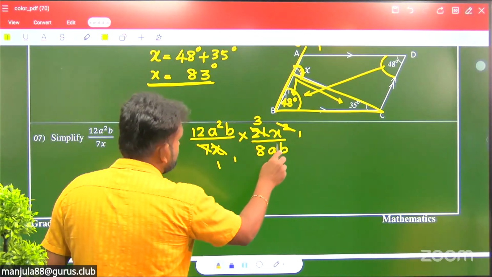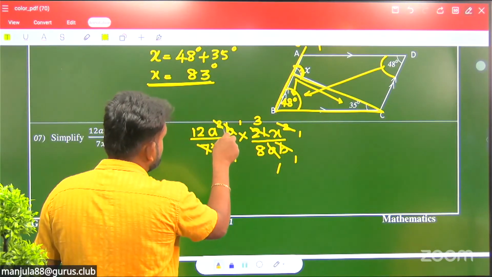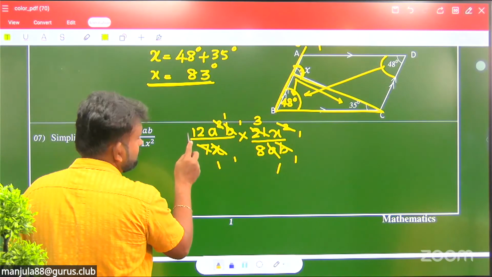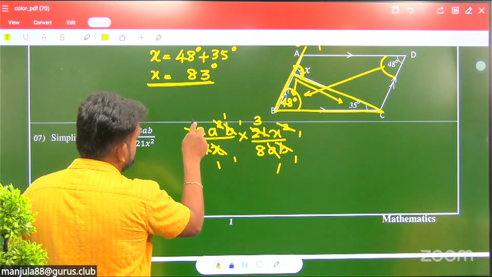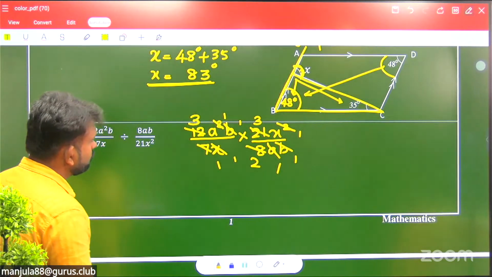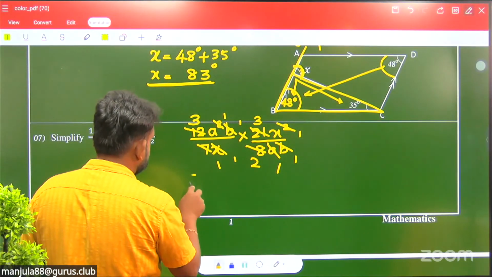Then b and b simplified, a and a simplified. Then 8 and 12, 4 3, 4 2 simplified. Now the remaining part, multiply 3 into 3, 9.